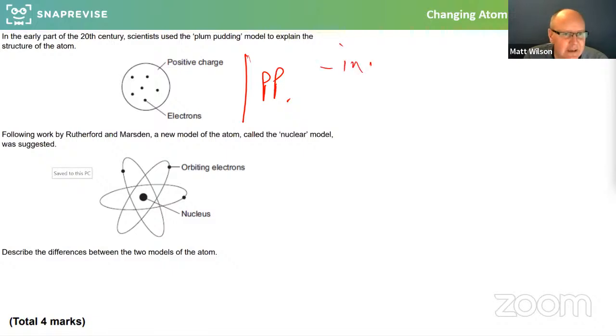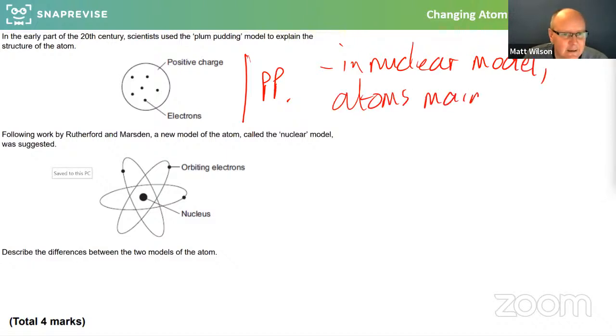So in the nuclear model, atoms are mainly empty space.